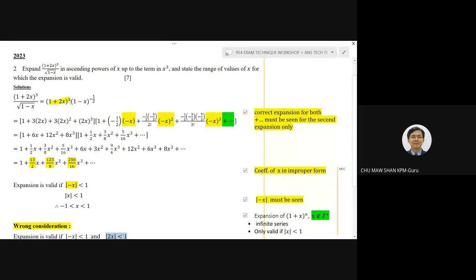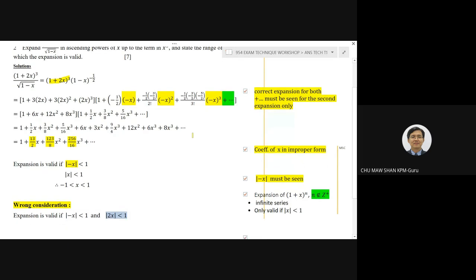The second one is infinite. Jangan semua hantam plus ellipses. So the first one shouldn't have ellipses, plus ellipses. Tak ada. Only the second expansion ada plus ellipses. So plus ellipses or plus ... must be seen only for the second expansion.